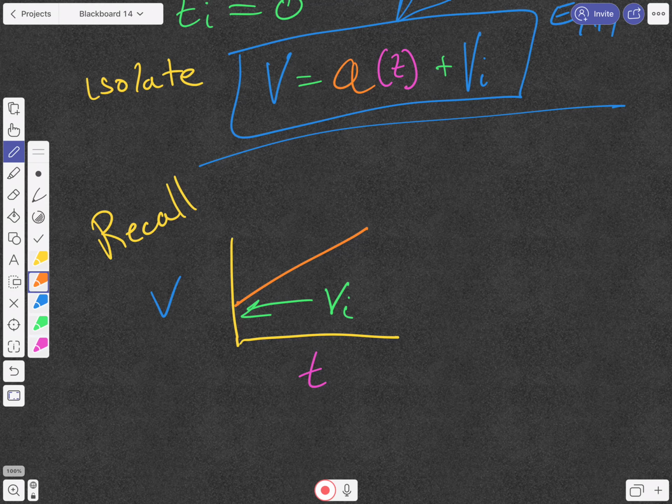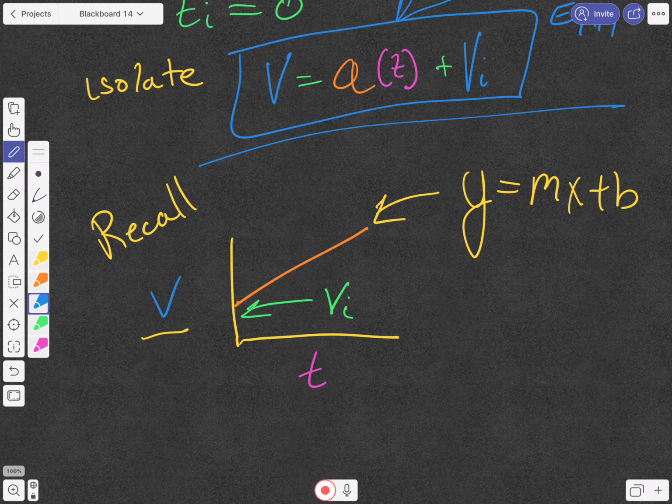And if we rewrite that like our y equals mx plus b formula for linear equations, our y-axis here is going to be v, and our slope is our acceleration, which is this line, and that's our m. And now along our x-axis is time, and our b, like we said, is our velocity initial, so vi.